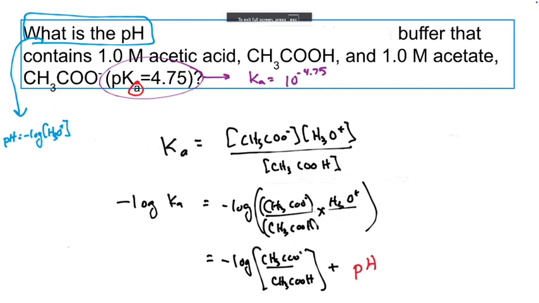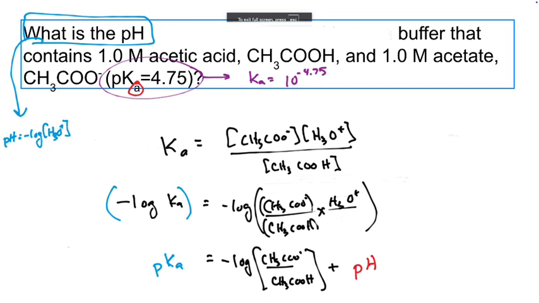That's pH. What's the negative log of the Ka? Let's look at the left-hand side of the equation. 4.75. Your number is correct, but let's take a step back from the number. It's the pKa.